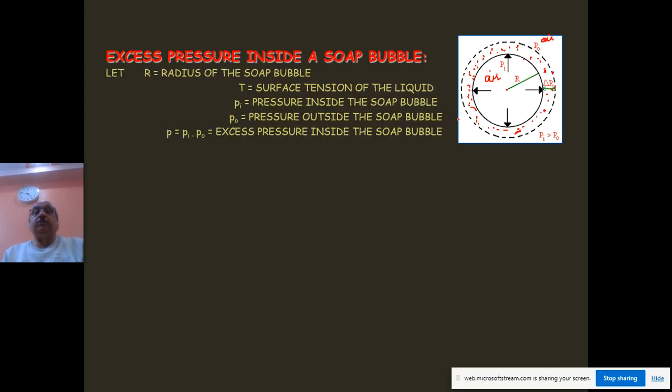If the radius of this soap bubble is R and the surface tension of soap is T, then there are two pressures, Pi that is inside pressure and Po that is outside pressure. The difference of these pressures is the excess pressure.